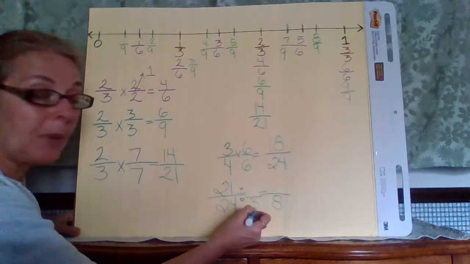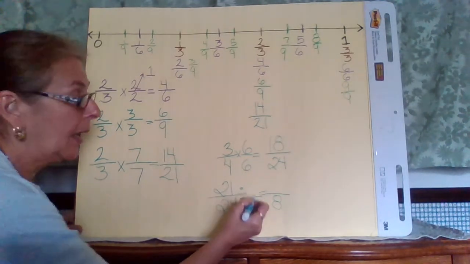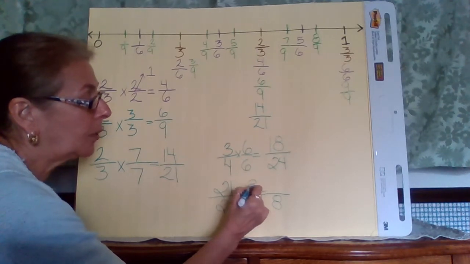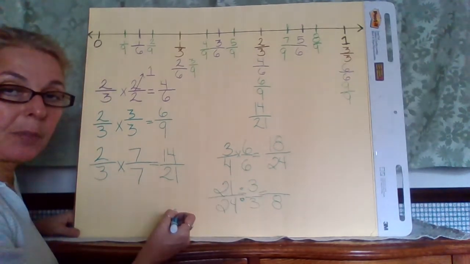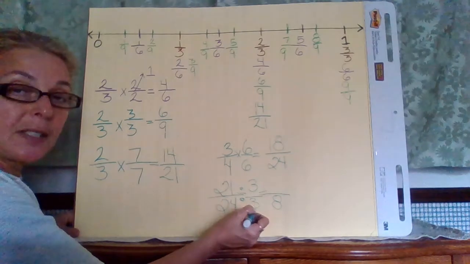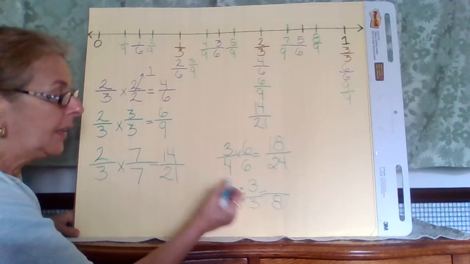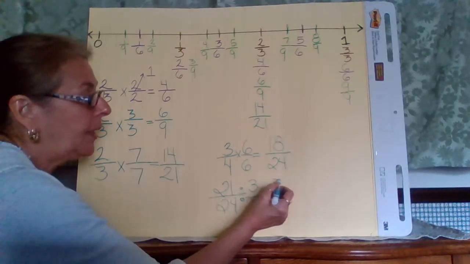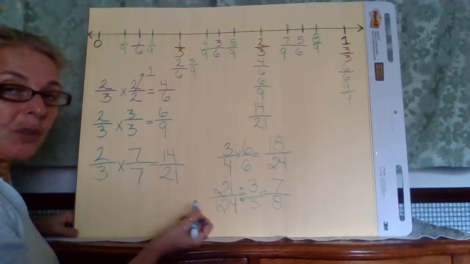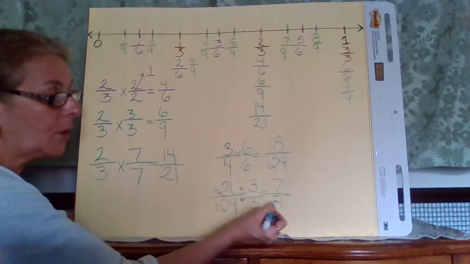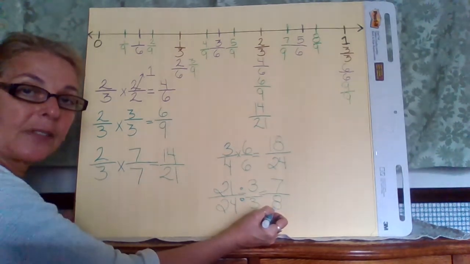So if I'm dividing my denominator by 3, I'm going to divide my numerator by 3. Look what I divided by, 3 over 3. Like I said, that's equal to 1. 21 divided by 3 is equal to 7. So I know that 21/24 is equivalent to 7/8.